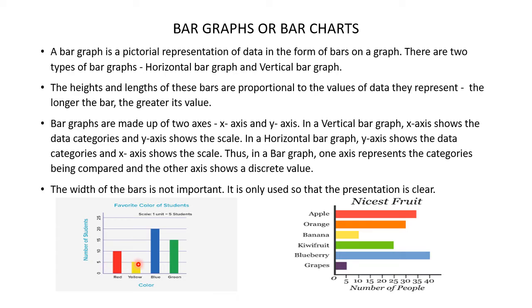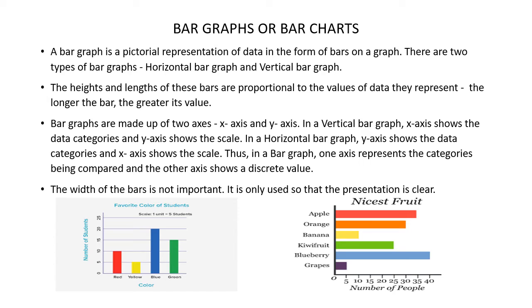So 25 students like yellow color. So this is how you understand the data given in a bar graph. Now using all this information given in the vertical bar graph questions will be asked in the exam to which you have to answer.